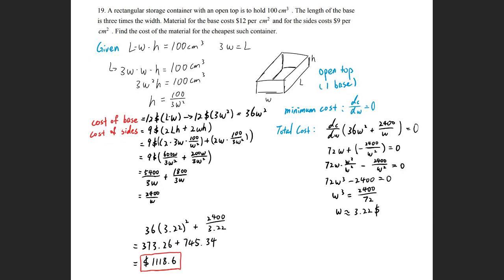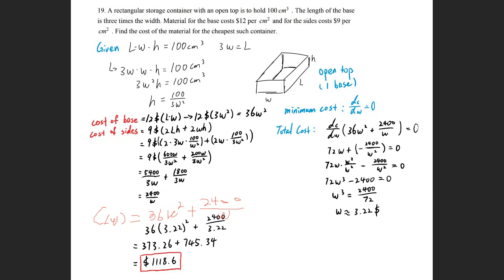Okay, I think so. This is your cost function. You could write it as C of W, because this cost function is just in terms of W now, equal to 36W squared plus 2,400 over W. So you need to write this together over W, because you separated it into two parts.